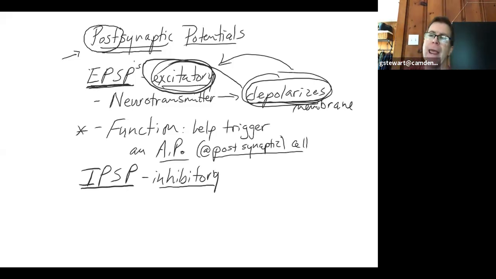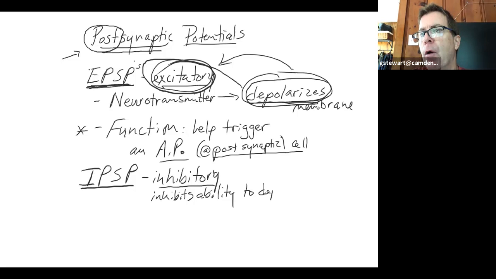They inhibit activity at the postsynaptic cell, so it inhibits the ability of the postsynaptic cell to depolarize and fire an action potential. So the opposite occurs. Now we have to dissect very quickly in the next minute or so what that means.